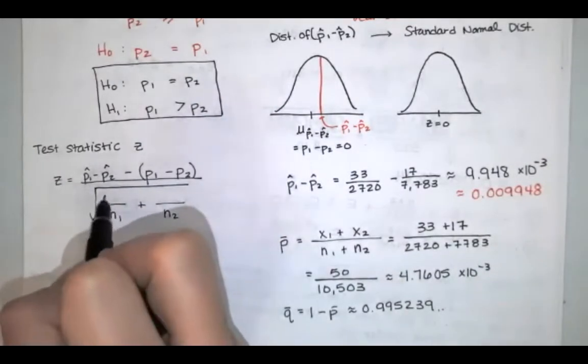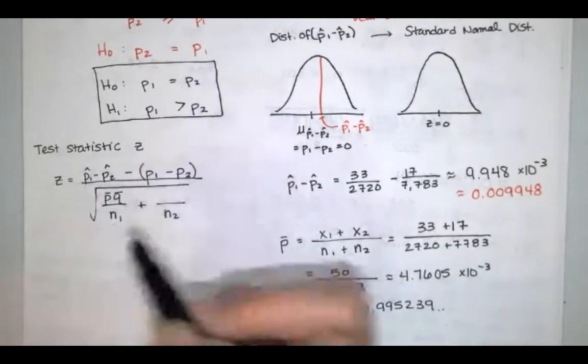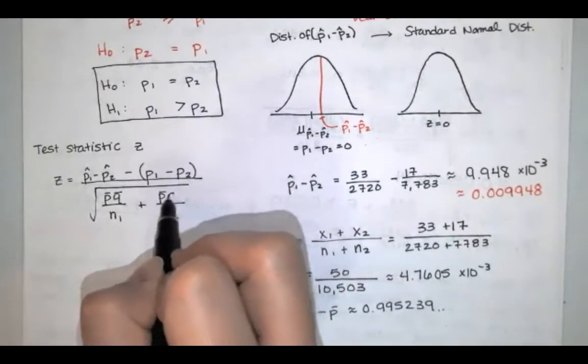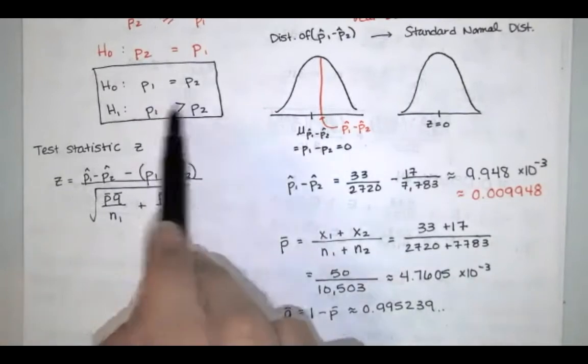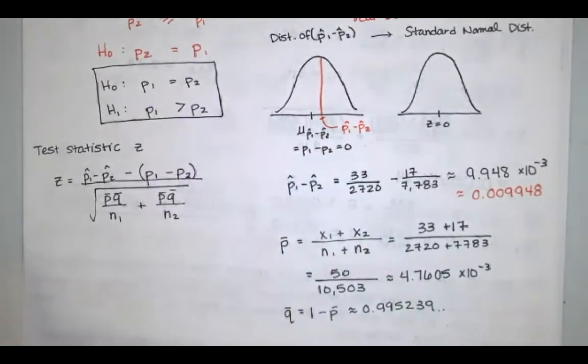We'll have P bar Q bar over N1 here, and P bar Q bar over N2 here, because P bar is our best estimate of that common value of P. And then if those are the same, well then the complement of that, Q bar, is also going to be the same.